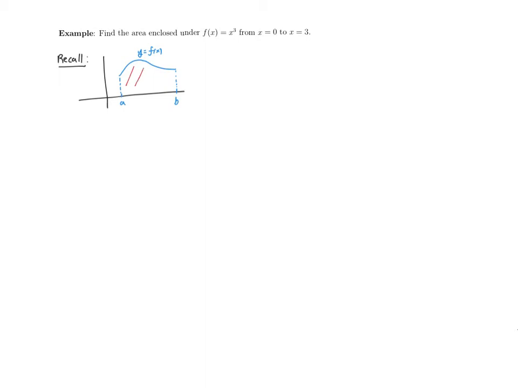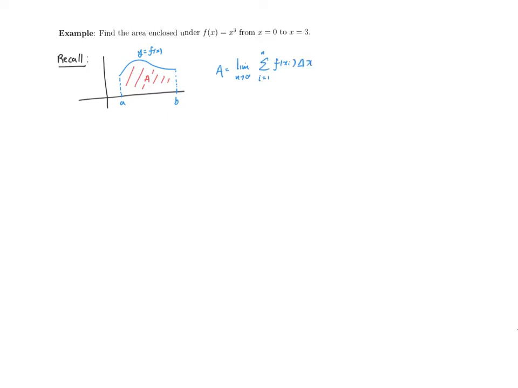If we would like to calculate the area enclosed, let's call it A, between the graph of a positive curve and the x-axis from x equals a to x equals b, we can do so using the following method. We saw that this area A would be equal to the limit as n approaches infinity of the following sum: the sum from i equals 1 to n of f of x sub i delta x.